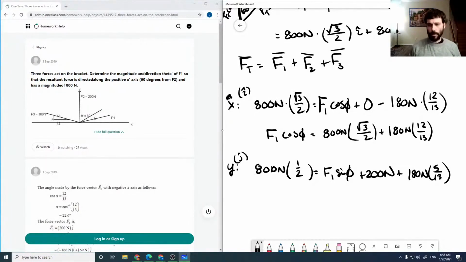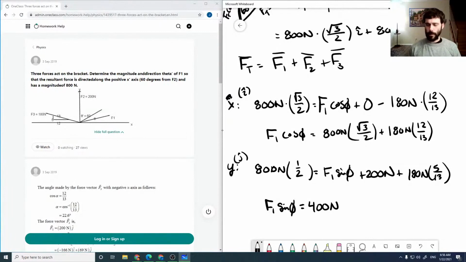So then we can rearrange this for our F1. Say that F1 sine phi is 800 newtons divided by 2, which is just 400 newtons.